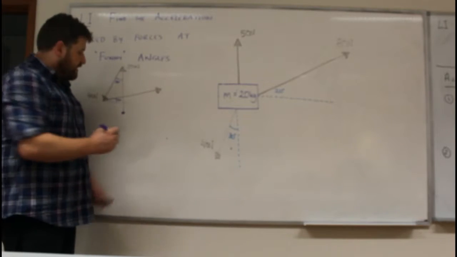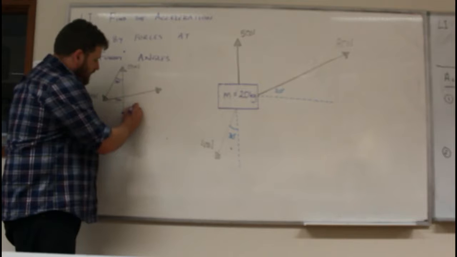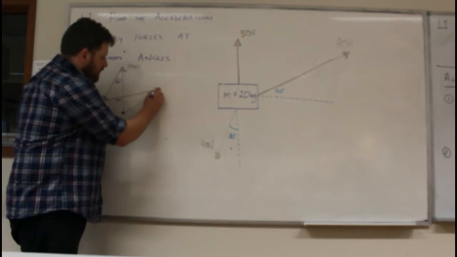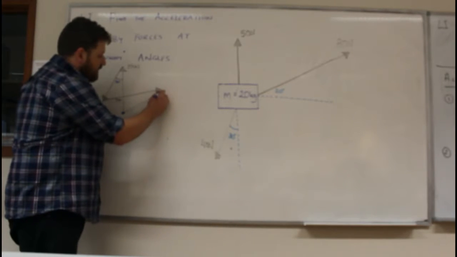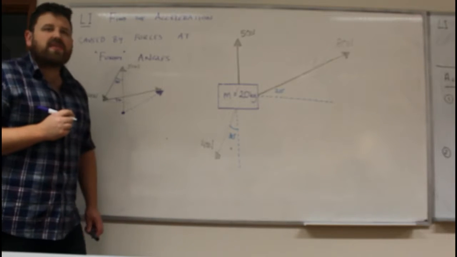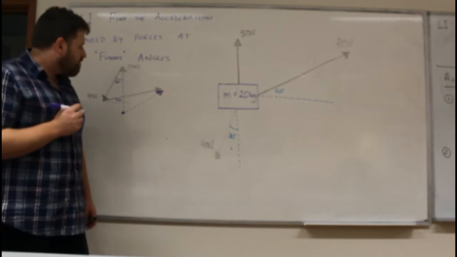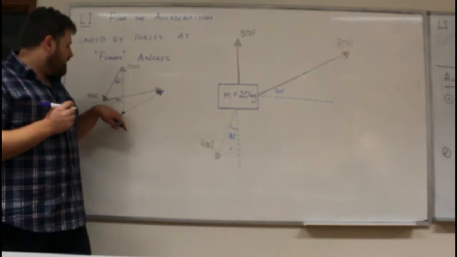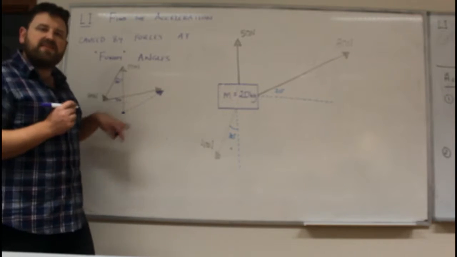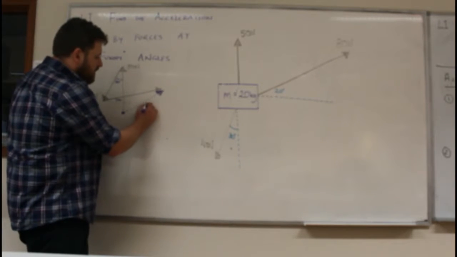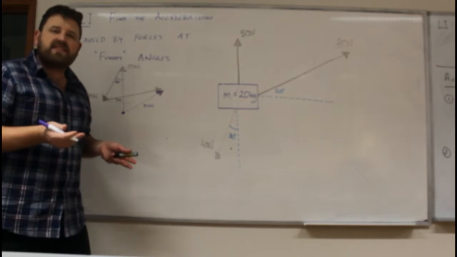So our final vector goes from where we started to where we ended. With this pictorial method, all you're really looking for is roughly how long this line is. It's about as long as the 50 Newton line, so maybe 50 Newtons long.